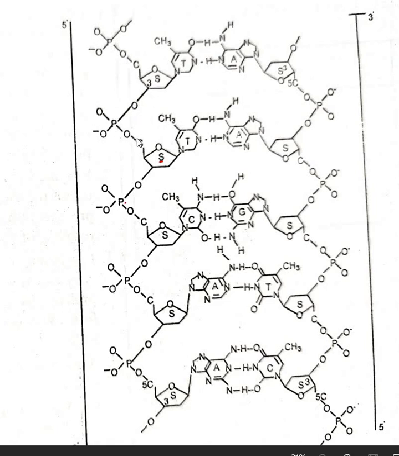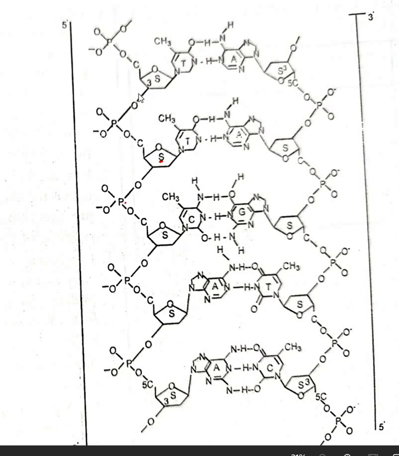So phosphoric acid is present on the third carbon and also the fifth carbon. Coming down to another one here, this is the sugar, this is the fifth carbon, and this is the third carbon. So every third and fifth carbon of a sugar is linked with phosphoric acid.